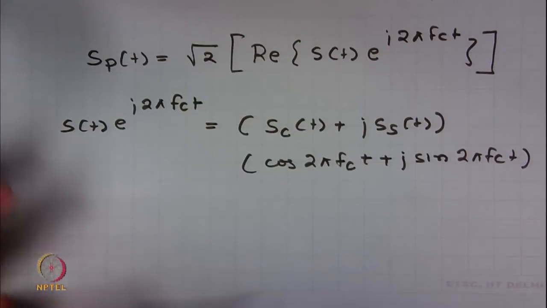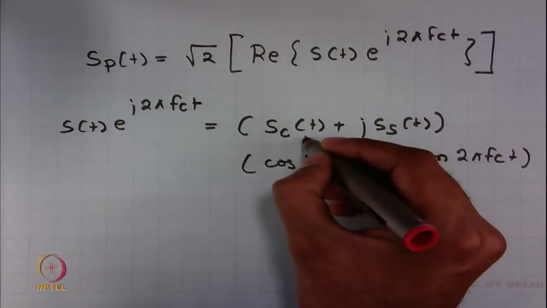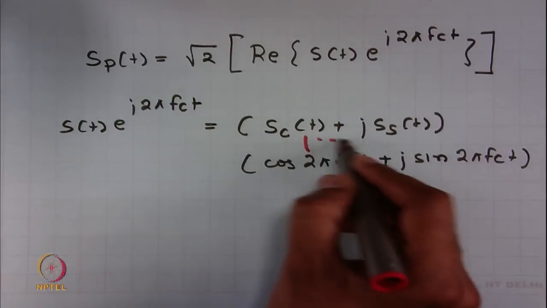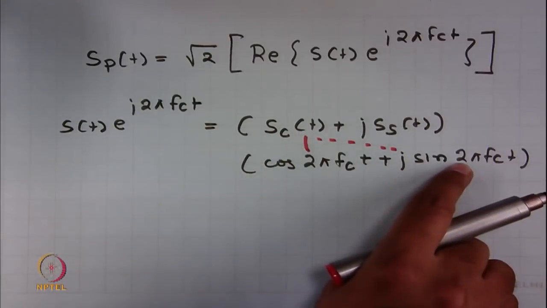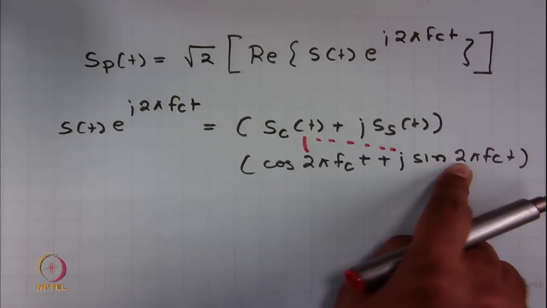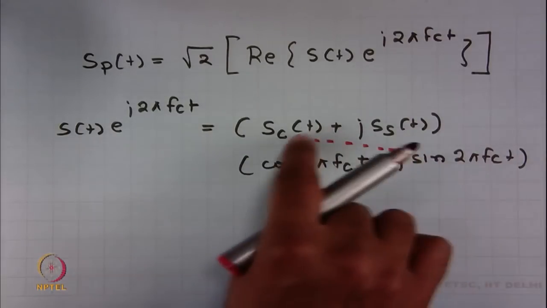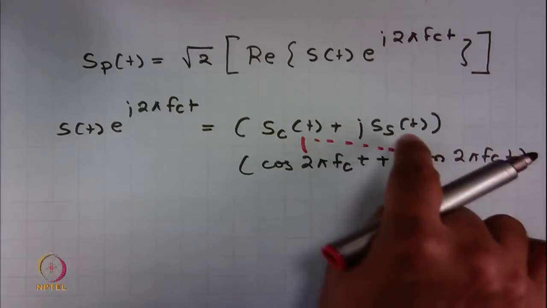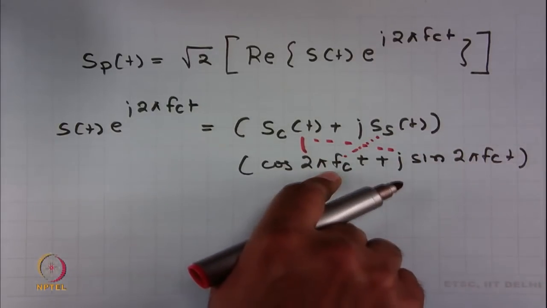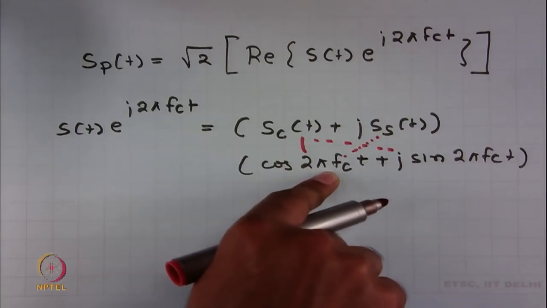and now when I multiply this quantity with this quantity, you see that this can be multiplied by this, but if you multiply this term with this term, what you end up with is a complex term, and because we are taking only the real part of this product, this term will anyway be lost. So, we do not worry about this. Similarly, when you multiply this with this, it will be lost because it gives us a complex term, and when we take the real part of the product, again this will be lost.